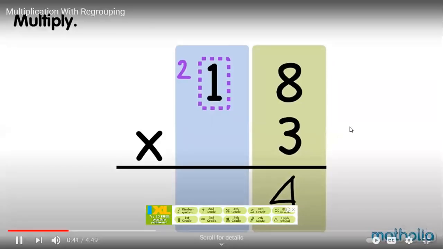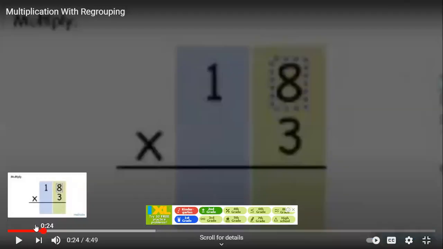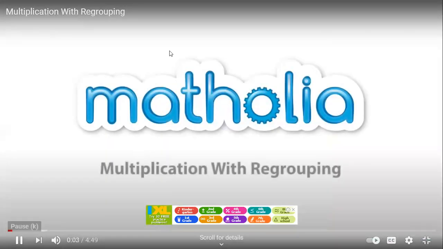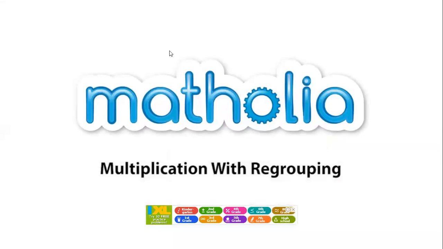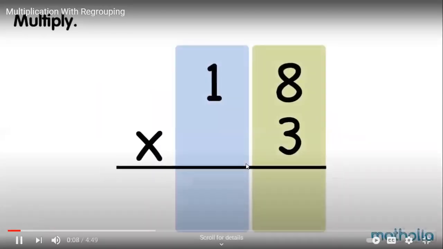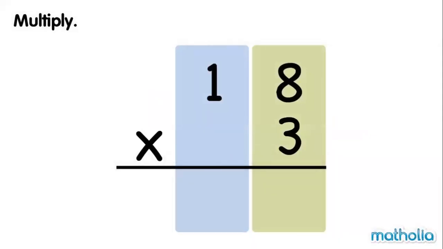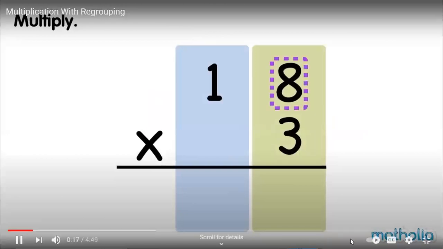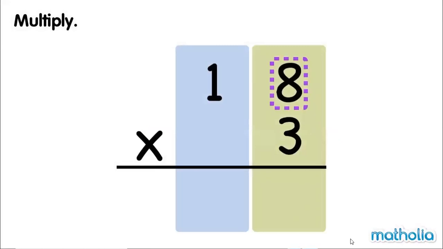3 tens plus. Right, friends? That's a review. Multiply. Let's find 18 times 3. First, multiply the ones by 3. 8 ones times 3 equals 24 ones.